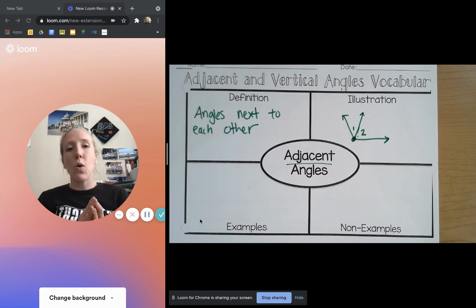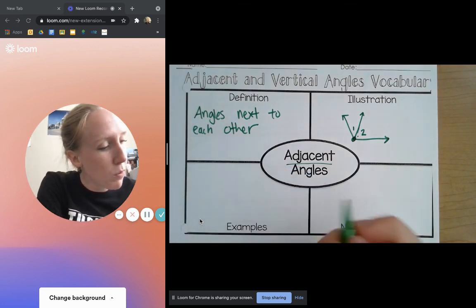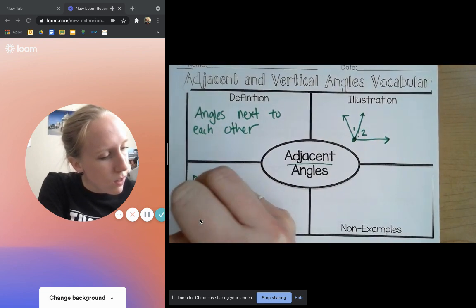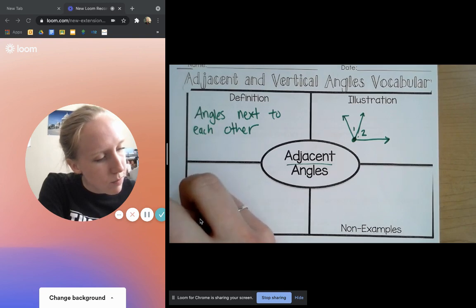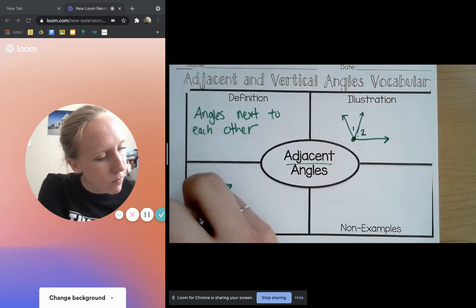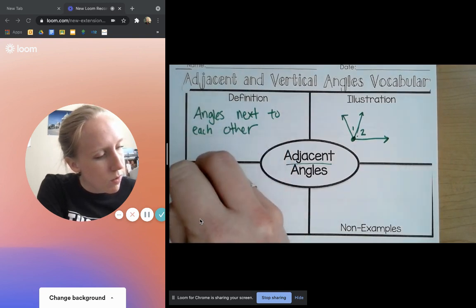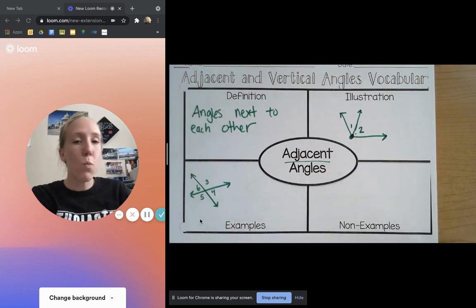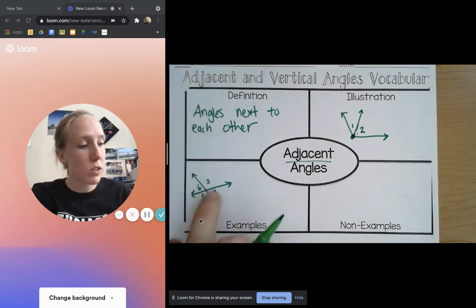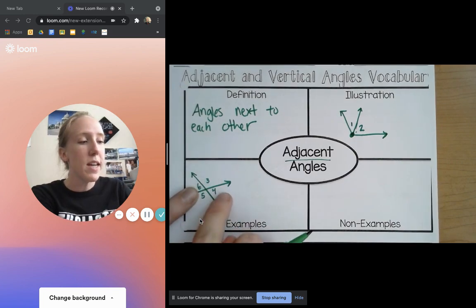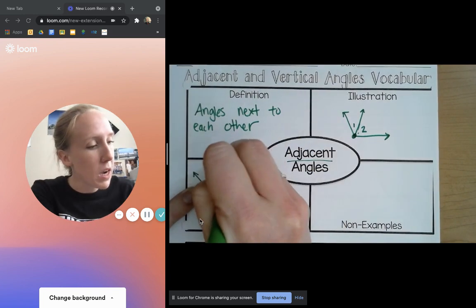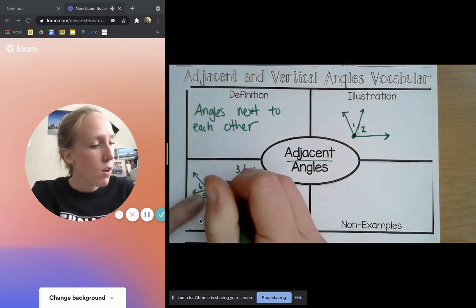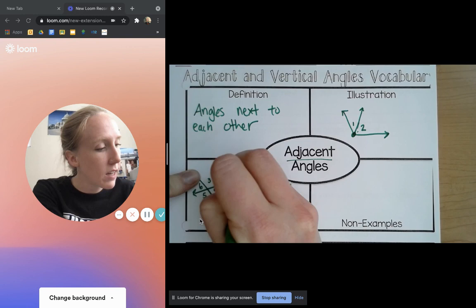Okay, so there's a couple other examples that we could do. If we want to talk about adjacent angles on this, which ones are right next to each other? 3 and 4 are right next to each other. 4 and 5 are right next to each other.